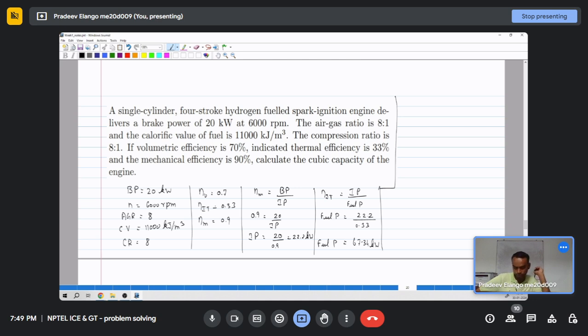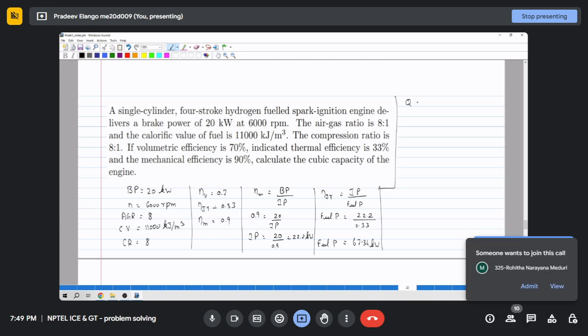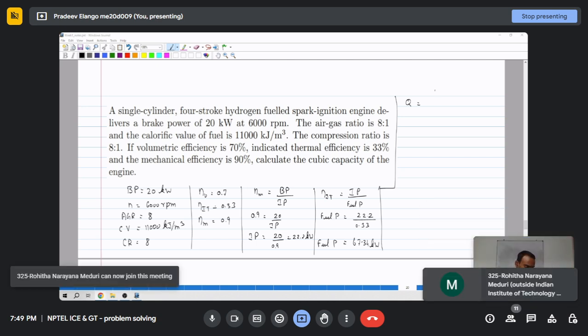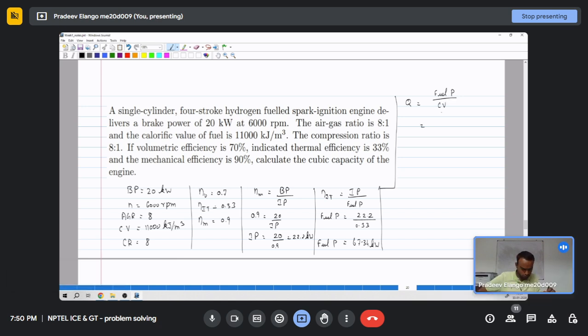We have to calculate flow rate. So Q is fuel power by calorific value. Fuel power is 67.34 into 10 power 3 and calorific value is 11,000 into 10 power 3.